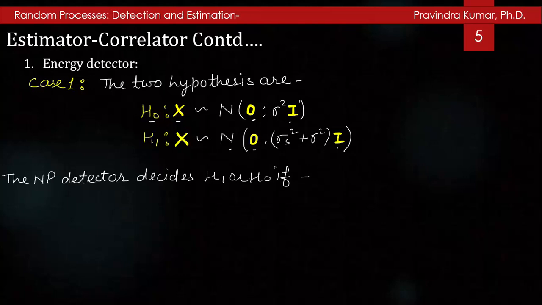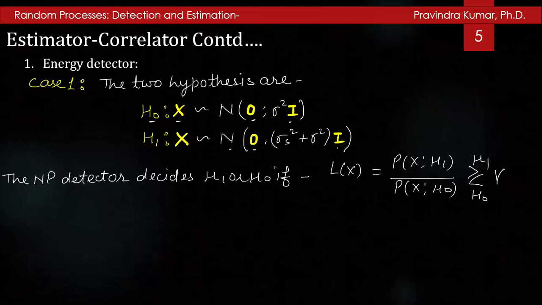Now the NP detector decides H1 or H0 if the likelihood ratio, that is the PDF under hypothesis H1 divided by the PDF under hypothesis H0, is greater or less than a threshold value gamma.